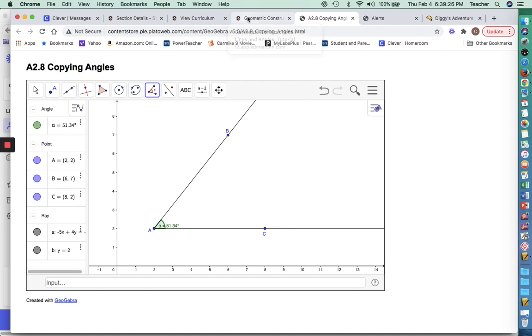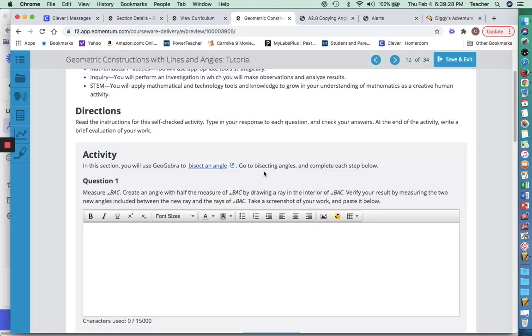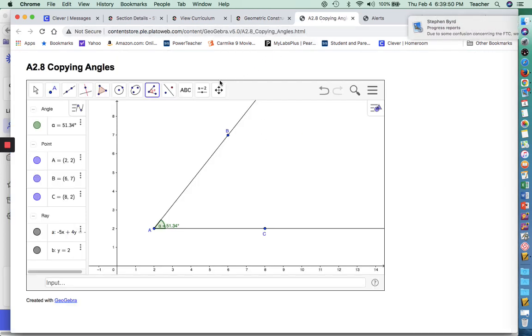Same thing we had just a minute ago. Create an angle with half the measure of BAC by drawing a ray in the interior of BAC. Verify your result by measuring the two new angles included between the new ray and the rays of BAC. Take a screenshot.